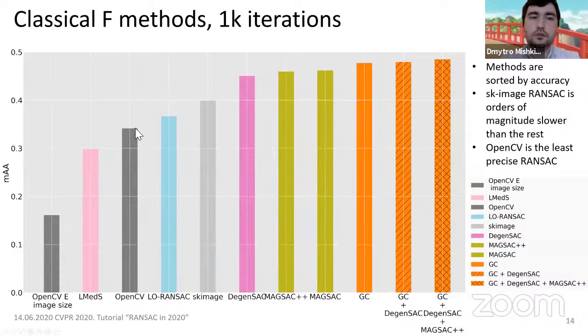It's almost 2 times worse, maybe not 2 times, 1.5 times worse than modern versions like DegenSAC, MAGSAC, or GC-RANSAC. LMedS is also a bad idea to use because it's not robust enough. And scikit-image looks fine, but the problem is that it's implemented in pure Python. It's 2 orders of magnitude slower for the same number of iterations.